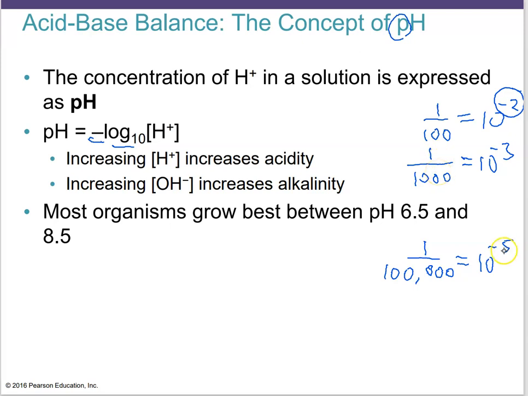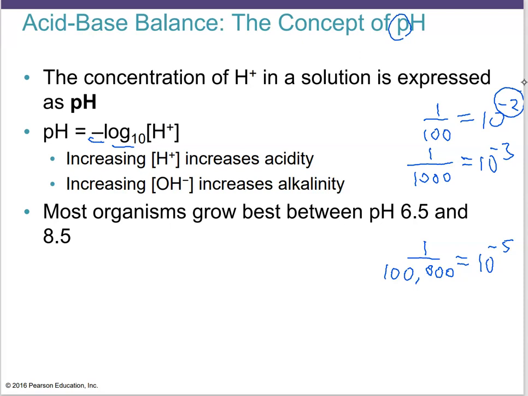So now our negative exponent here is minus 5. The negative of minus 5 is plus 5. Our pH is 5. So clearly, a pH 5 solution is less strong, has fewer hydrogen ions as opposed to a pH 3 or a pH 2 solution. Okay, so that's the explanation of how these numbers come about.